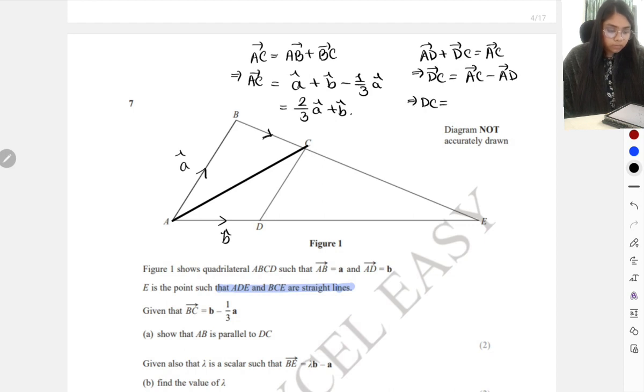So DC is basically AC, which was already 2 by 3A plus B, minus AD, which was just B, right? Yeah, minus B, which we can clearly understand, the B would get cancelled with each other because you have plus B and minus B. Finally, you are left with DC as 2 by 3A.